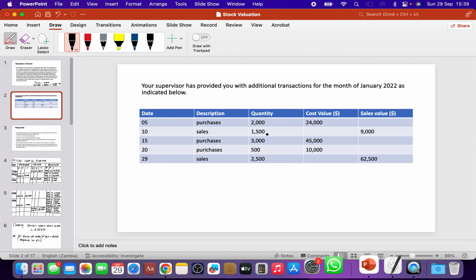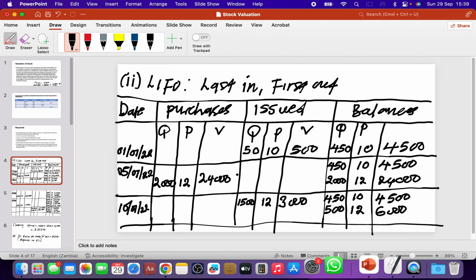Now, you need to ask yourself, what do we have at hand? Before the 10th of January we have two batches of stock. Batch 1 is 450 units valued at $10 each. Batch 2 is 2,000 units valued at $12 each.